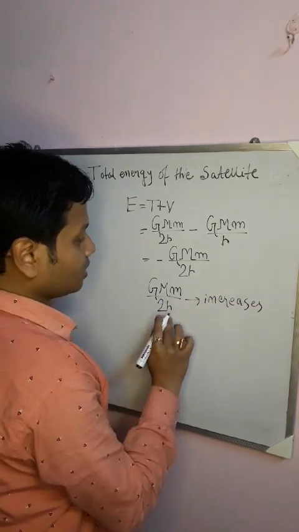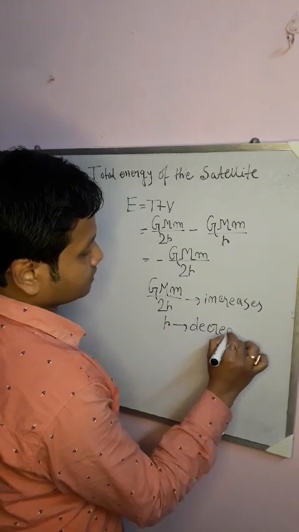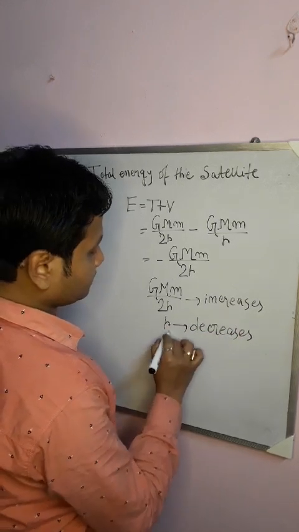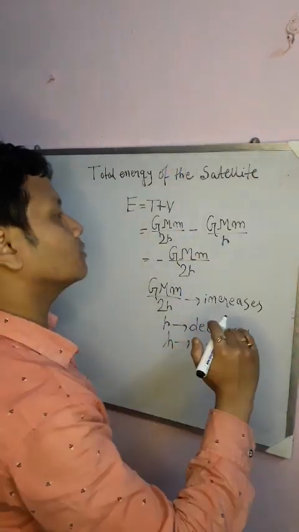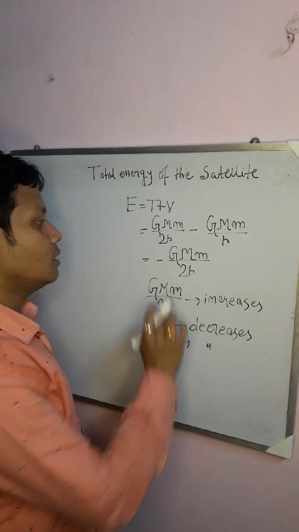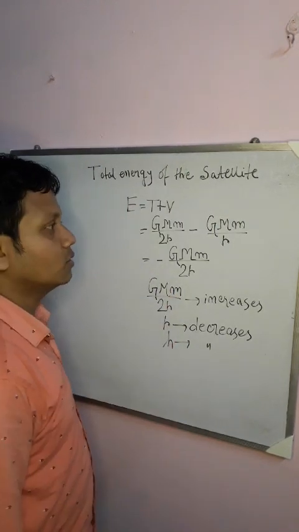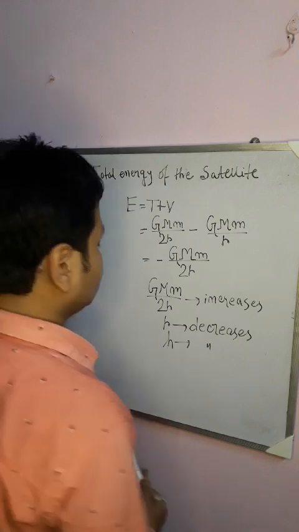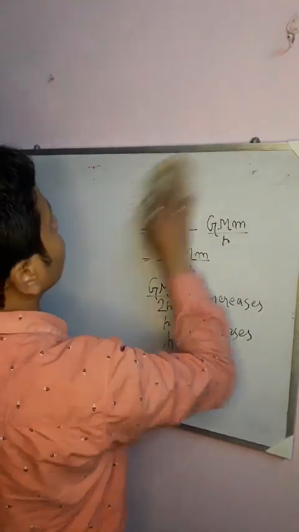So if GMm by 2r increases, that means r decreases. And if r decreases, h always decreases. So the satellite comes closer to earth's surface. Okay, so the negative sign in front of it has a significant value, and we all know it. Okay, so what is the significance that I am going to write here? It's very important.